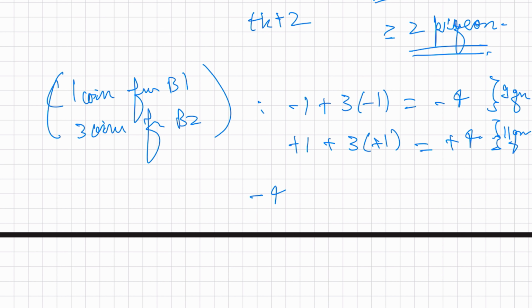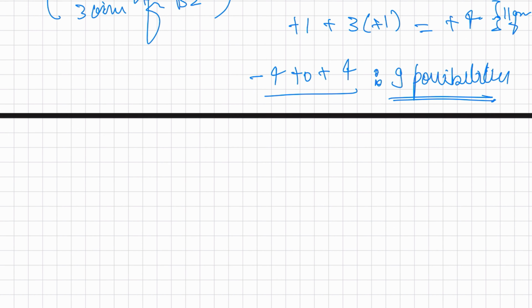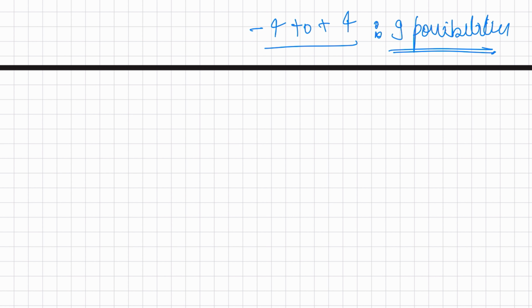So now the range is -4 to +4, and this includes 9 possibilities. This is precisely what we wanted. We wanted 9 possibilities to capture 9 combinations. So in this case, you'll be able to capture all the different combinations which bag 1 and bag 2 can have, and you can uniquely identify which combination it is if we take 1 coin from bag 1 and 3 coins from bag 2, as mentioned here, right?